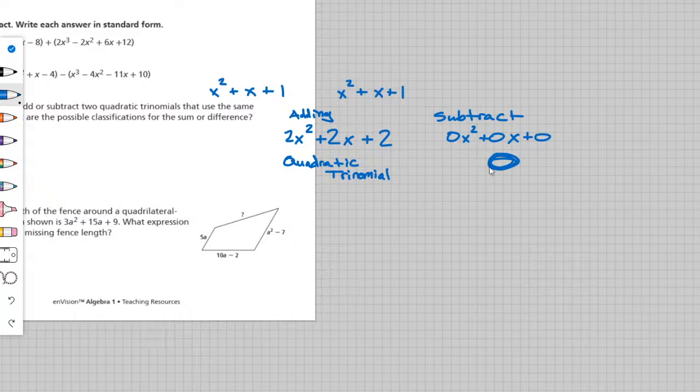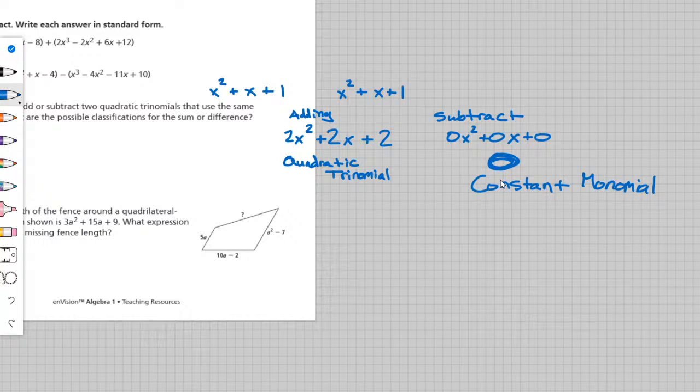So if we were to classify that, it would just be a constant, because it has a degree of 0. Monomial, because there's only one term. So these are two different answers that you could get from either adding or subtracting.